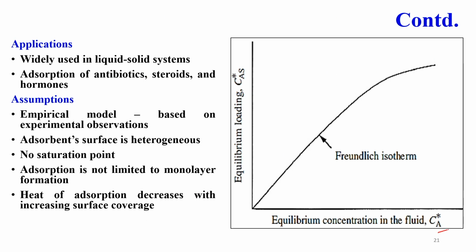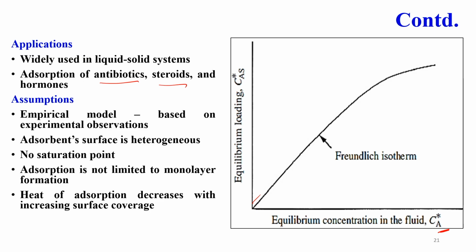So, you see Ca versus Cs; this is a typical curve of the Freundlich isotherm. It is widely used in solid-liquid systems and for the adsorption of antibiotics, steroids and hormones.